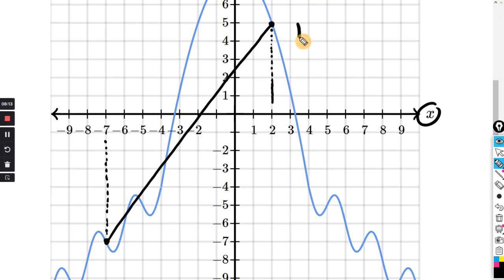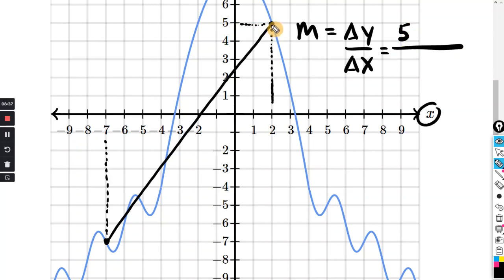So the slope m, we know that's change in y over change in x. Okay, so you can count units or you can subtract. I'm going to subtract. So starting at this point, the first y coordinate is 5. And starting at this point, the first x coordinate is 2.